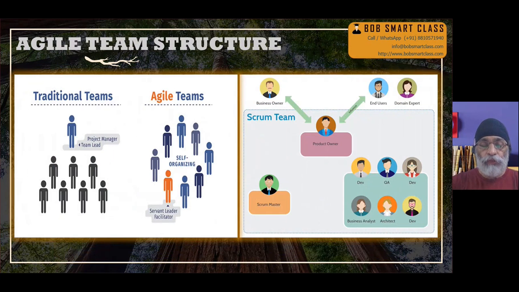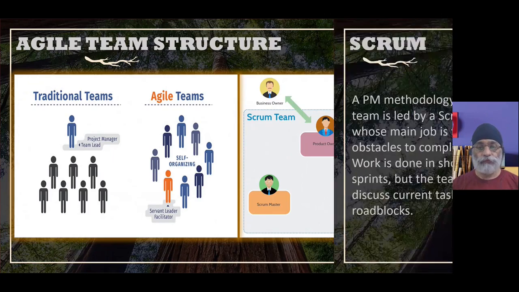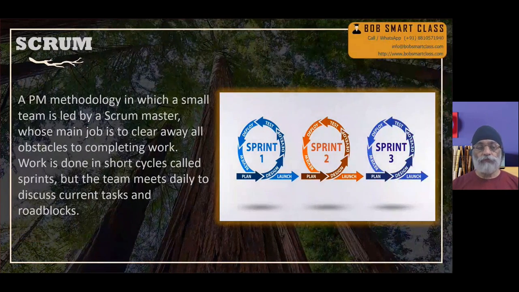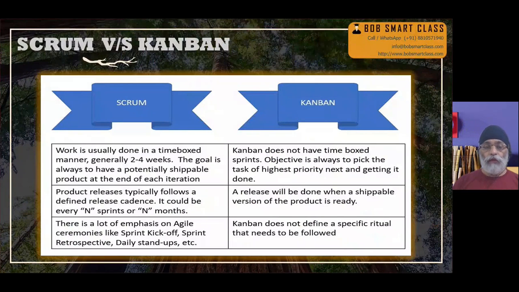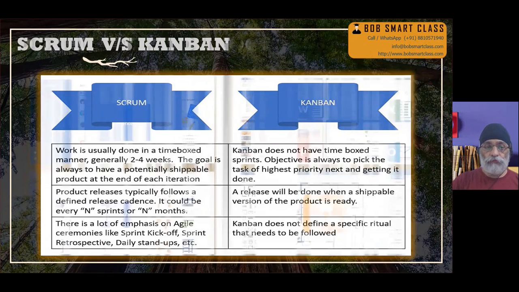Next, we will be describing about the team structure described for Agile methodology and how it is different from traditional teams. Next, we will be discussing about what is Scrum and what are sprints. We will be also comparing Scrum with Kanban boards.